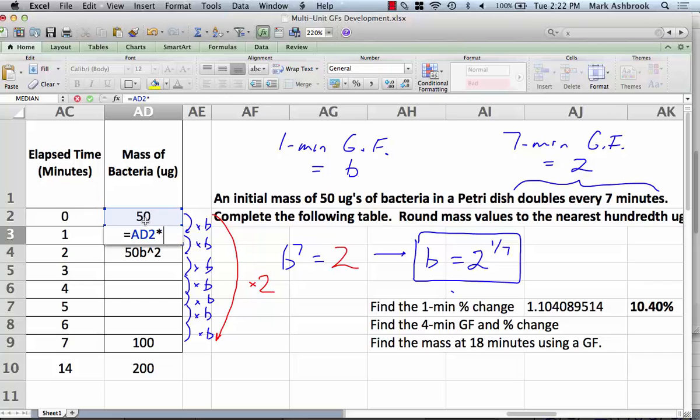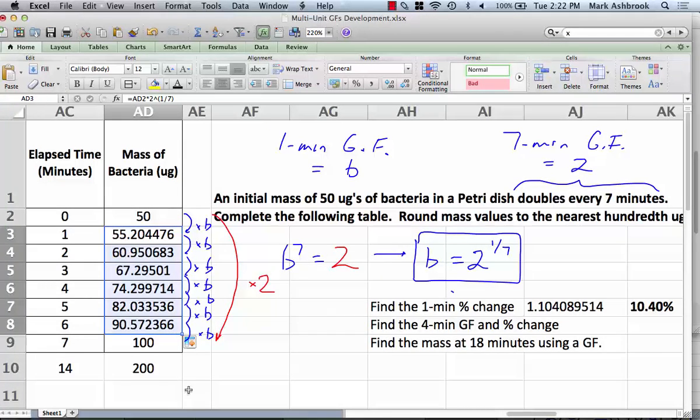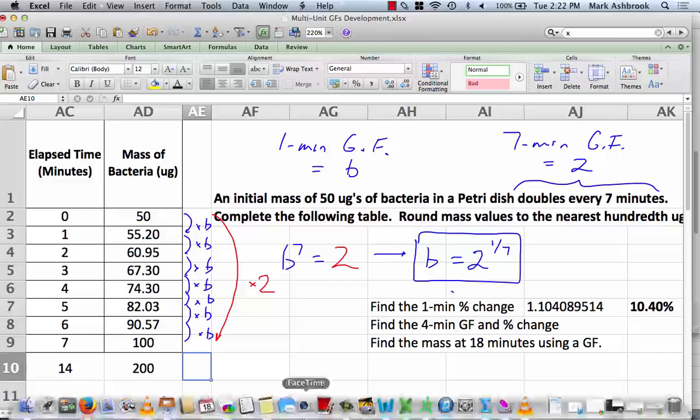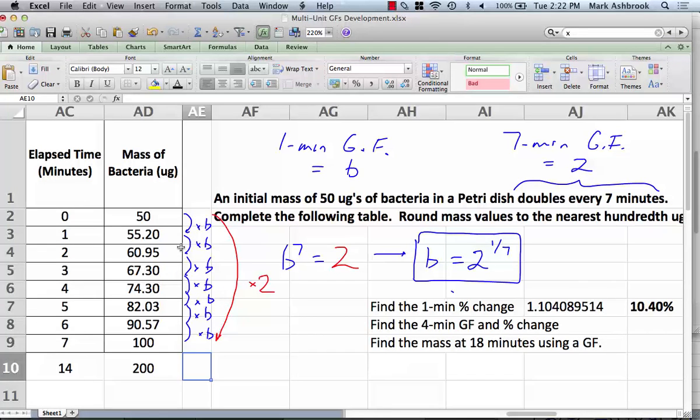Right, that's our 2 to the 1/7. Okay, so those are our spreadsheet. Cool. Never seen a spreadsheet before? You can just grab in the corner, there's a little black plus that comes up, and you just pull down, it repeats the same formula.